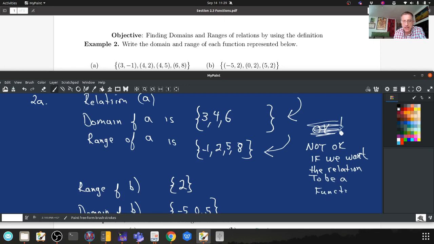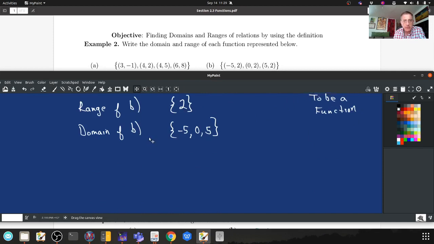And that's the important thing. So it's okay that the domain actually has fewer elements than the range when we're talking about relations. But it's not okay if we want the relation to be a function. As you can clearly see here, we have 2 values of 4 repeated. So the relation A is not a function, but the relation B is a function.